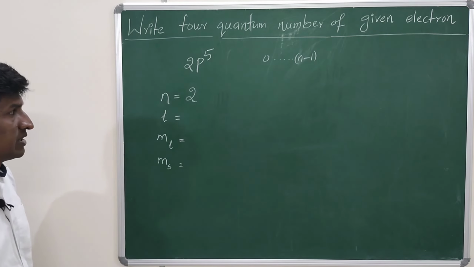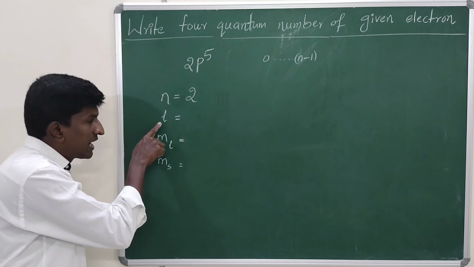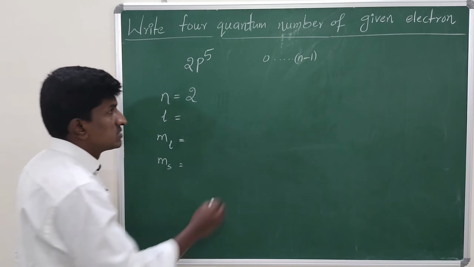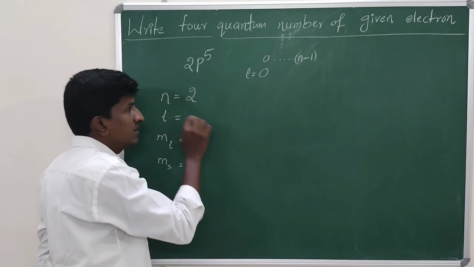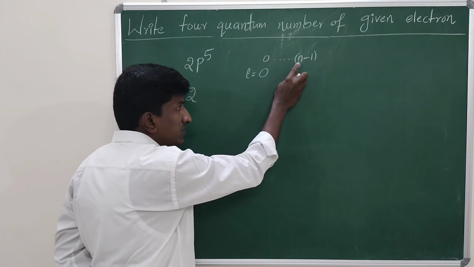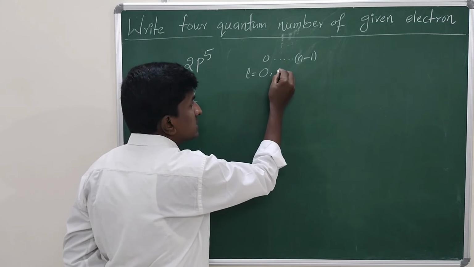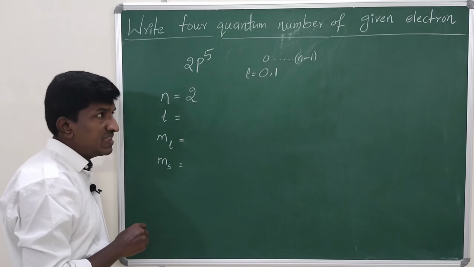For example, if n equals 2, how many angular momentum values are present? Two values. The first value is 0 and the second value is n minus 1, so 2 minus 1, that is 1.